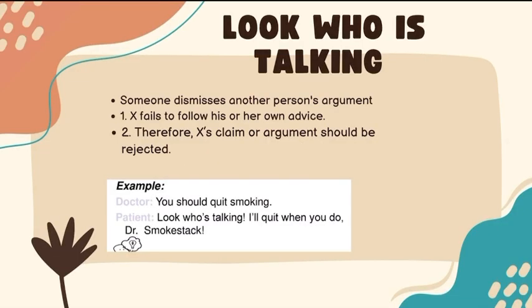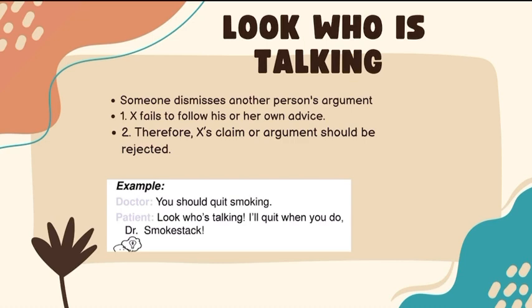Look who is talking. This fallacy occurs when someone dismisses another person's argument or claim by pointing out that the person doesn't follow their own advice or standards. If X fails to follow his or her own advice, therefore X's claim or argument should be rejected.